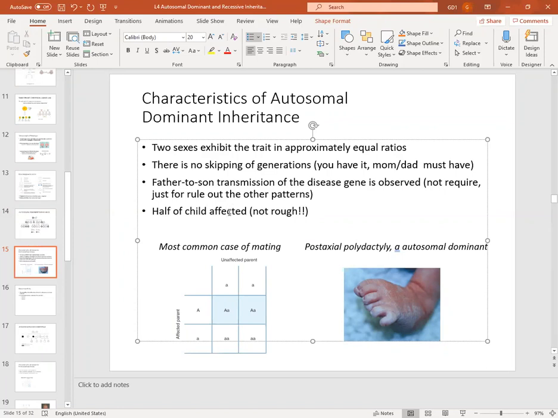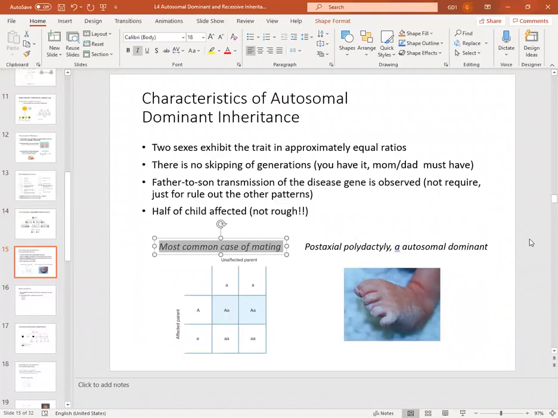Why in this situation like this? Because I also show it's the most common case of mating. Because this is dominant, in a heterozygote they will express the dominant. Now, uppercase A is the dominant gene, the disease gene, right?